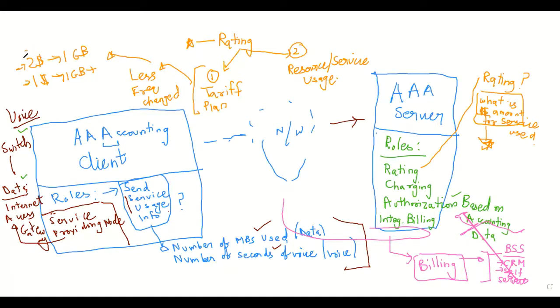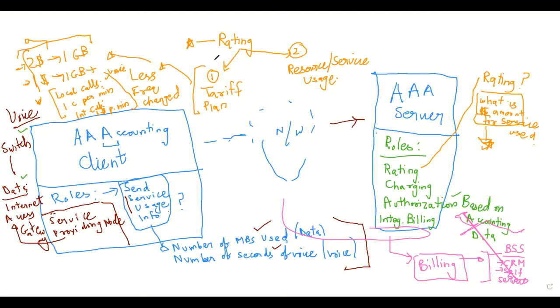So let's say this is part of the data tariff plan. For voice, let's say a voice tariff plan could look like local calls are, let's say, 1 cent per minute. And let's say all international calls are $1 per minute, right? So this is a very simplistic plan for voice. And this is a rather simplistic but tariff plan nevertheless for data.